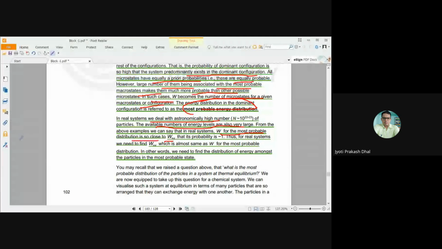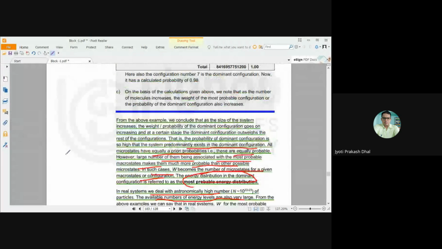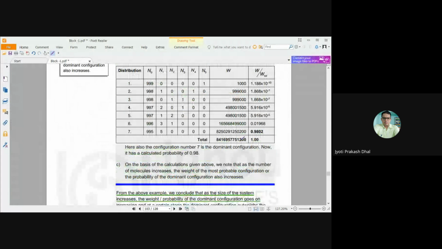If the number of molecules becomes more, then the probability will be more close to the total probability, or the W will be more close to W total.